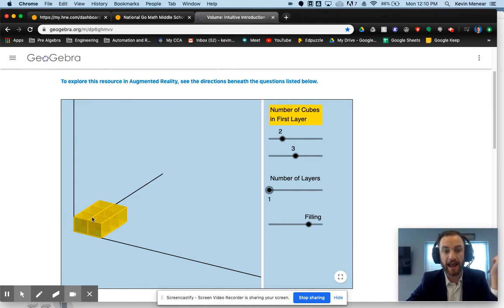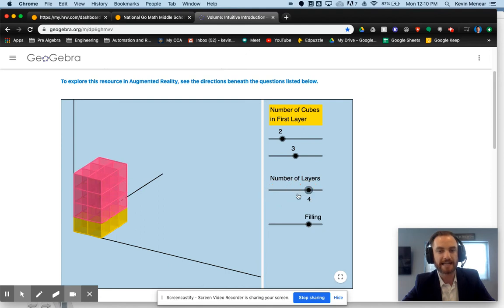So here, the area of this rectangle is just 2 times 3. 2 times 3 is 6. Cool. Well, that also happens to be the volume of this layer. So when I make my height bigger, I take that same volume, which was 6, and I multiply it by the amount of layers, which was 4. So 6 times 4 gave us 24.